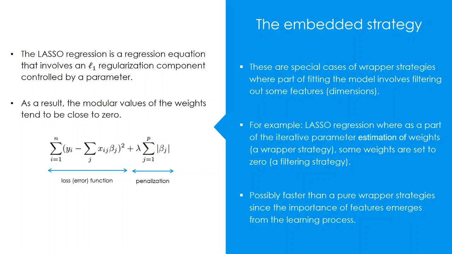Okay. So everything is integrated into the same model, and therefore it will be very likely faster. Okay, so this strategy is integrated into the learning strategy of the lasso regression, for example.